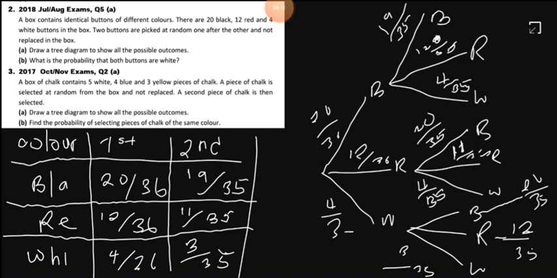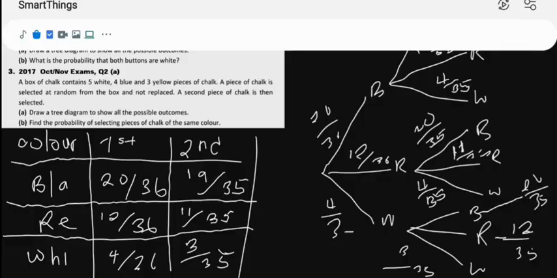I don't have enough space, otherwise I could have written even the outcomes. What is the probability that both buttons are white? If both buttons are white, we are saying white and white. So the first white is 4 over 36. Both, like I said, means multiplication. It needs to be 3 over 35.